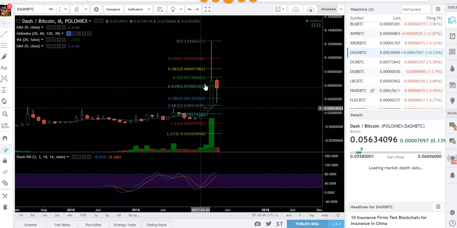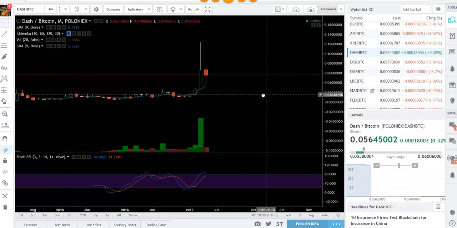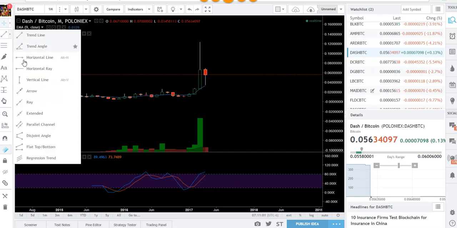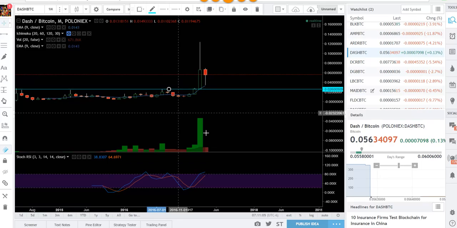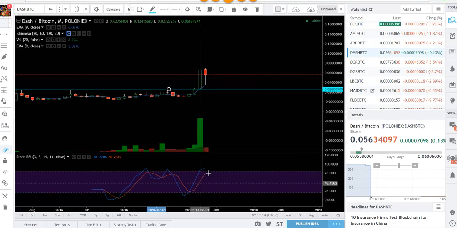when Dash broke out here, let's get rid of this Fibonacci here. When Dash broke out and left behind all of this previous price action, right here, when it broke that line, it was starting a new monthly cross. Dash has so much strength behind it on the monthly, which is why it pulled off the big move that it pulled off here.